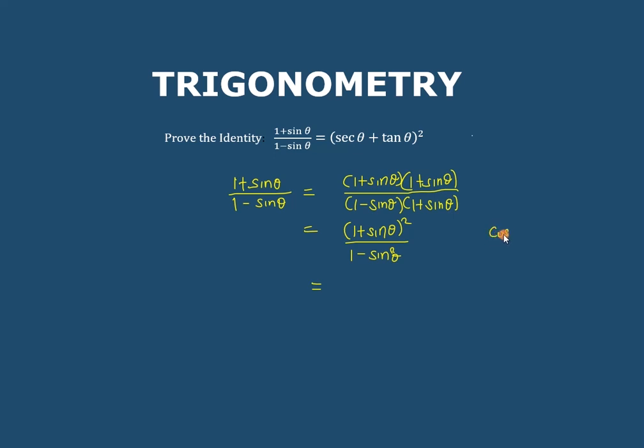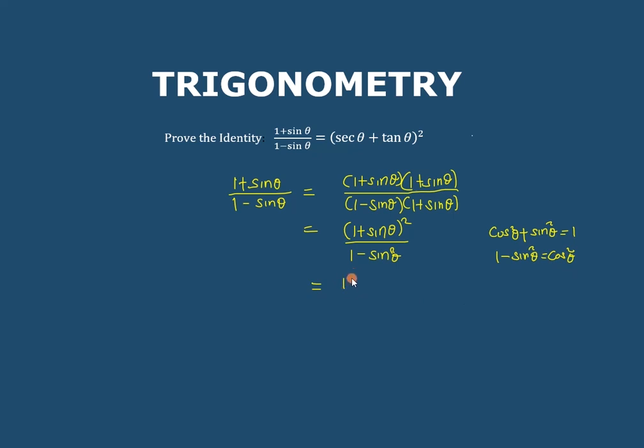By using Pythagoras theorem, we can prove that cos squared theta plus sine squared theta is equal to 1, implying that whenever I have 1 minus sine squared theta, which I have here, take this one that side, and we shall remain with the cos squared theta.